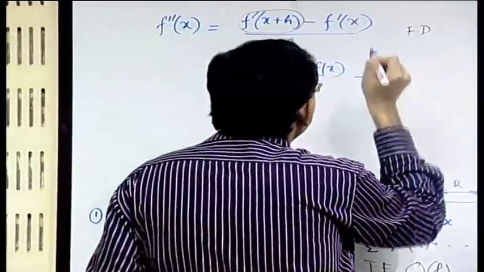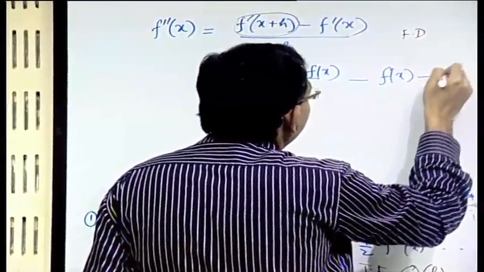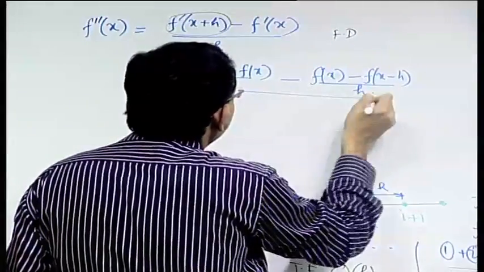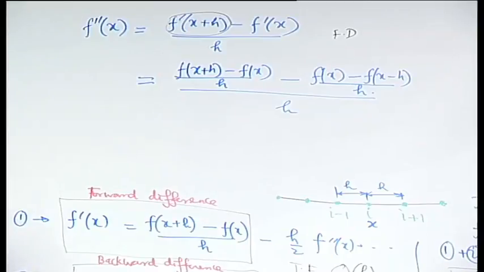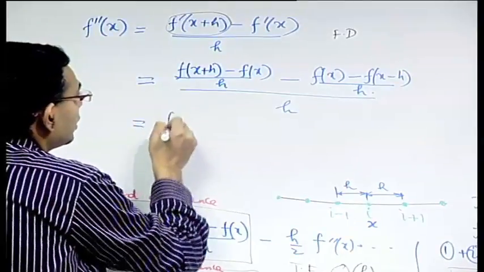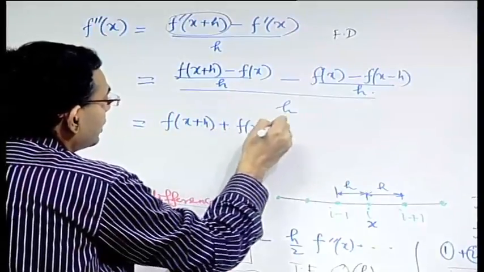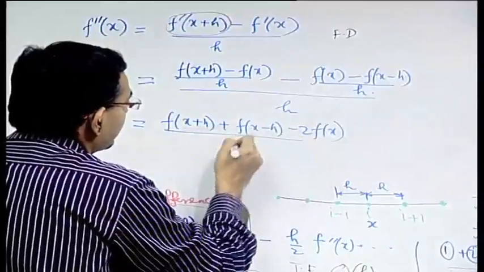Similarly, for f dash x, f x minus f x minus h divided by h, the whole thing divided by h. So f x plus h plus f x minus h minus 2 f x by h square.